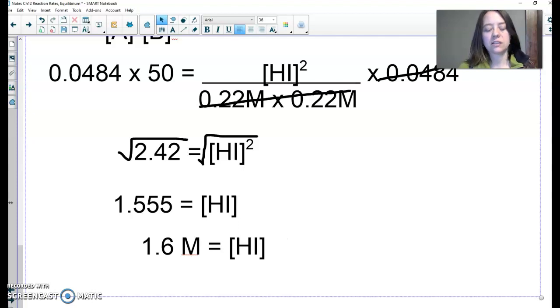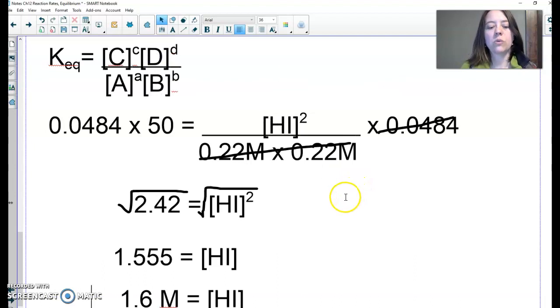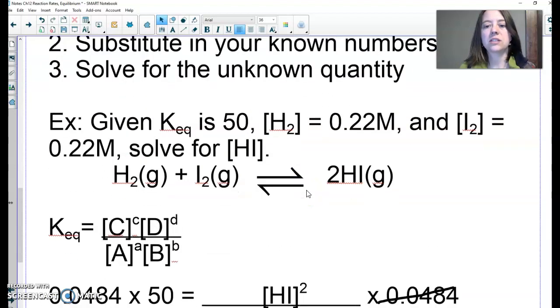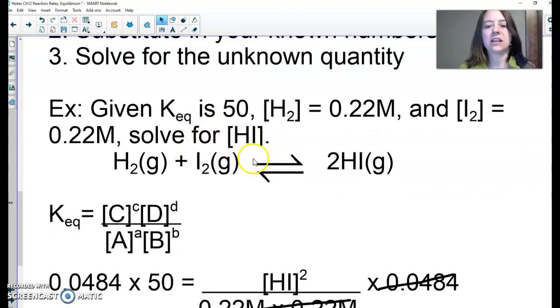And let's double check our answer. So 1.6 molar is the concentration of hydrogen iodide. It says given KEQ is 50, solve for the concentration of hydrogen iodide, and we did that.